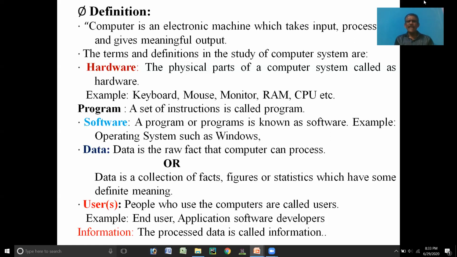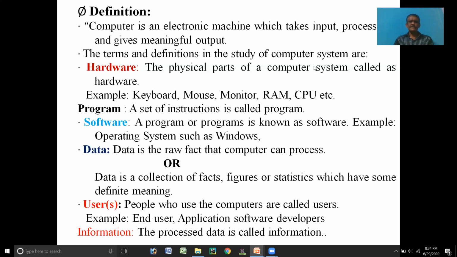These are all called users, because all these people will use the computer. So this is all about the common terms used in computers.